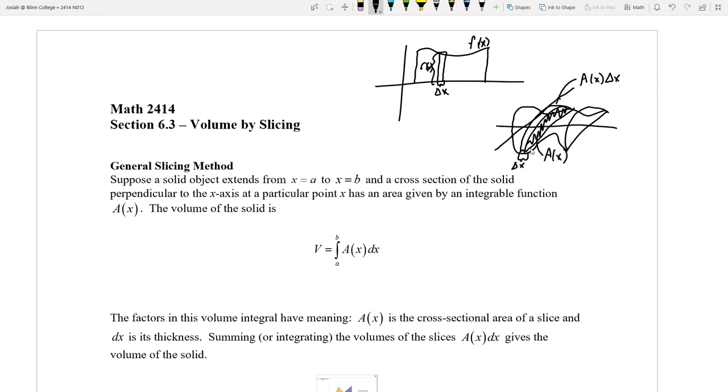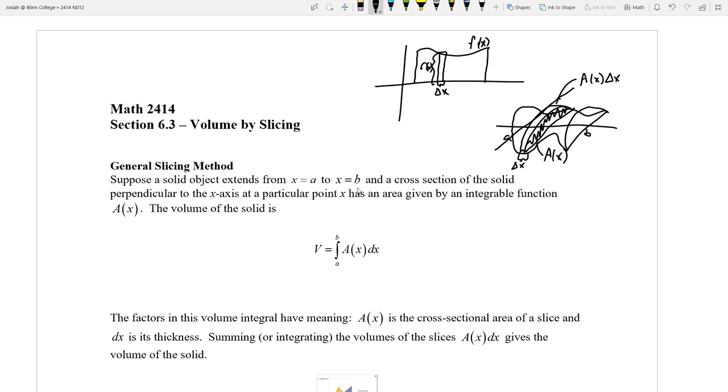And so what will happen is we'll end up making the thickness of these cross-sectional pieces infinitely small. And so we'll just have A of x times dx. Right? And that's how we go from kind of the Riemann version into the integral version. So we're going to start from a, go all the way to b. That's where our base is going to start and stop.